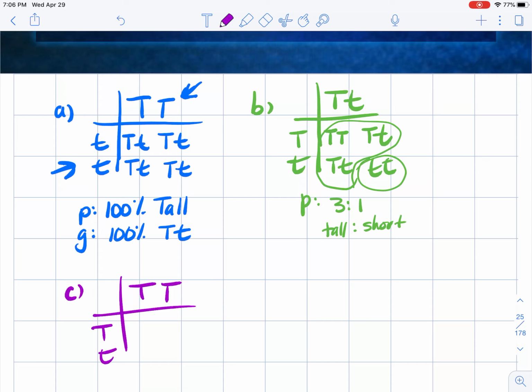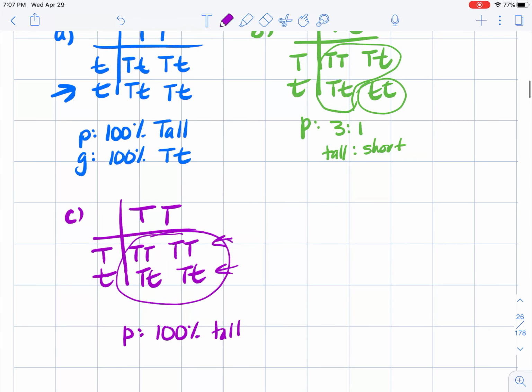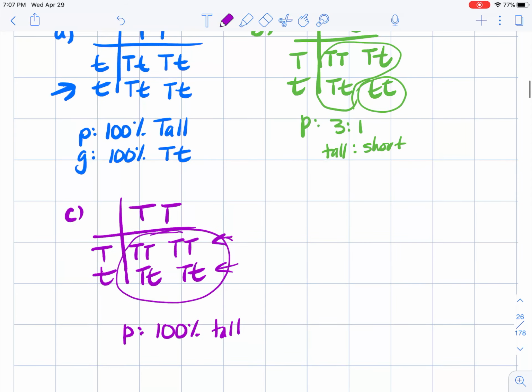Let's go to C, which was a homozygous tall plant crossed with a heterozygous plant. And you're just going to check out the gene combinations here. In this case, you're getting 100% that are tall. Now, these are homozygous tall, these are heterozygous tall, but if they're asking you physically what they would look like, you would have to say they're 100% going to be tall plants.